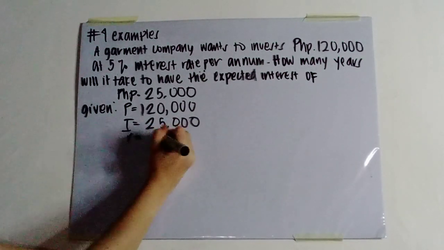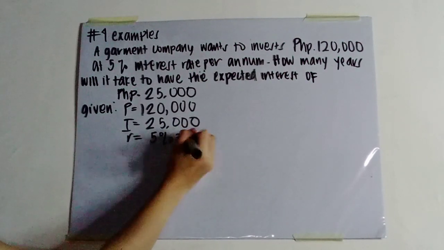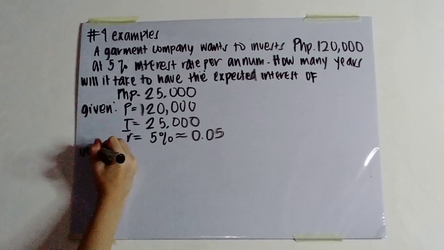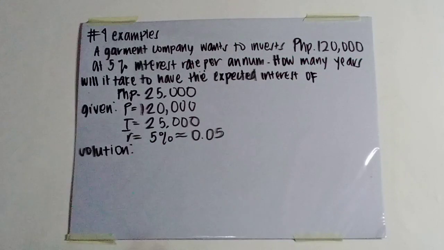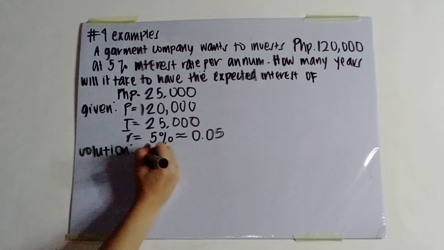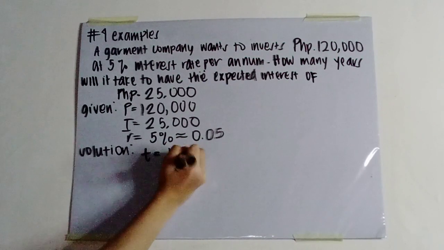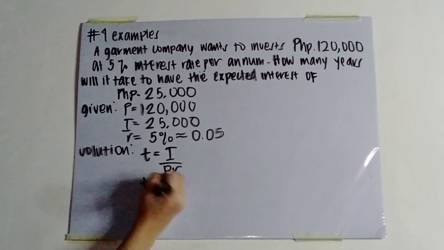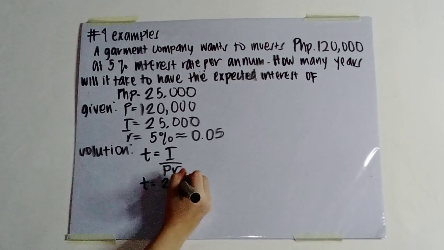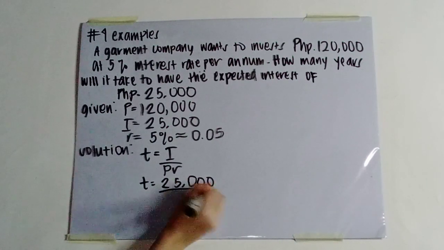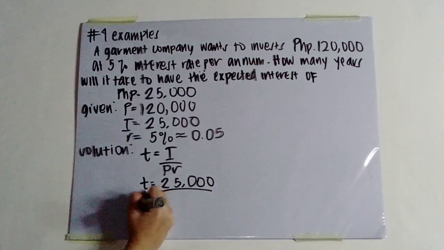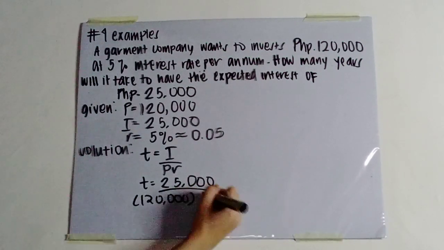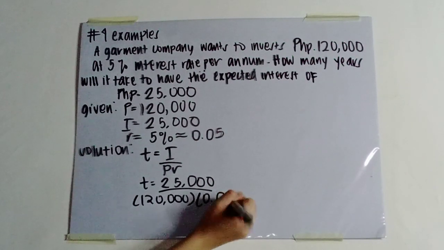And the rate is 5%, and convert it into decimal, so 0.05. Next, write the solution. The formula for finding the time is I divided by P times R. So 25,000 pesos divided by 120,000 pesos times 0.05.